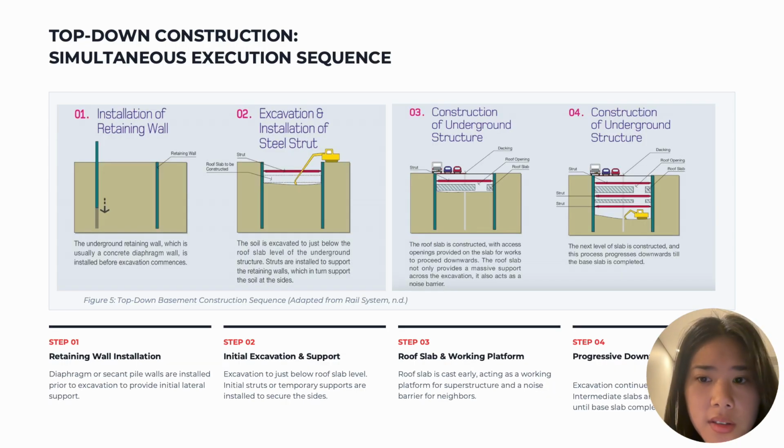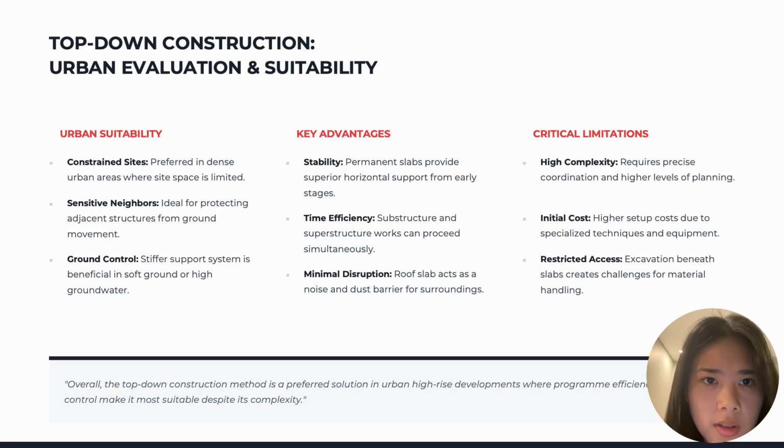The construction starts with retaining walls, followed by the roof slab. Excavation continues below the slab while new slabs are constructed progressively downward. This allows simultaneous construction of substructure and superstructure.